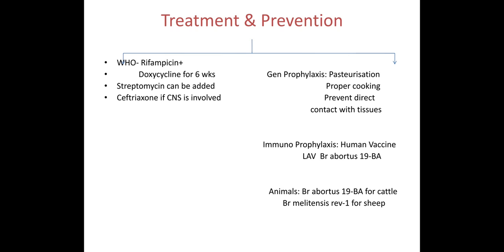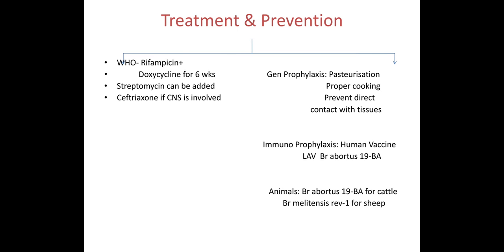Now, immunoprophylaxis for humans: there is a live attenuated vaccine of the Brucella abortus 19BA strain. This is not used for the general public, but for people who are professionally exposed to brucellosis, that is laboratory workers who work on brucellae, veterinary staff, cattle owners, people working in the dairy industry and the meat industry.